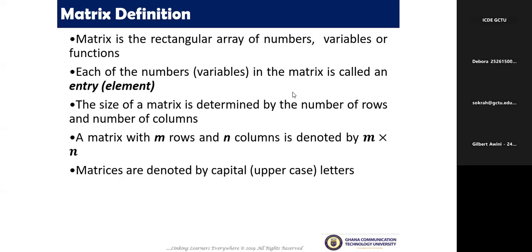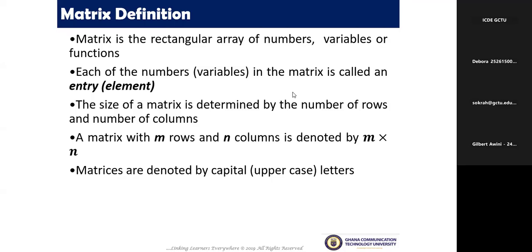So each element you see in the matrix is identified by the row number in which it is found and the column number in which it can be found. So take note.